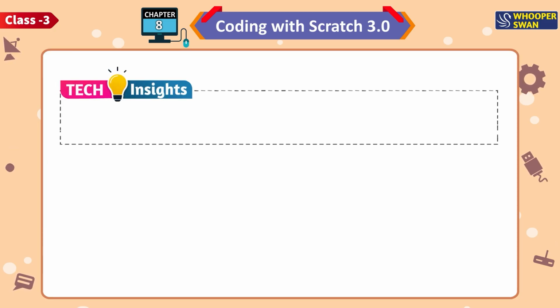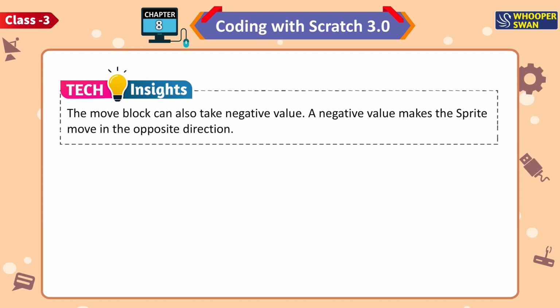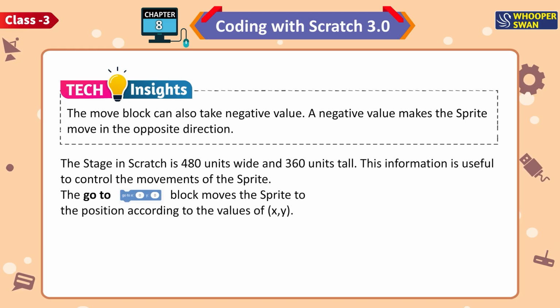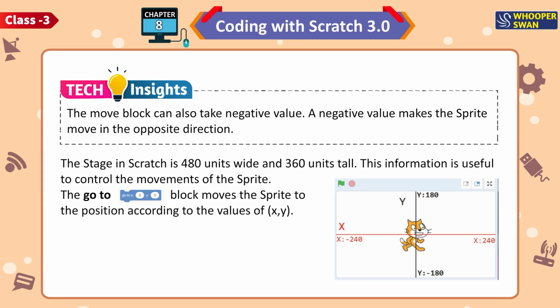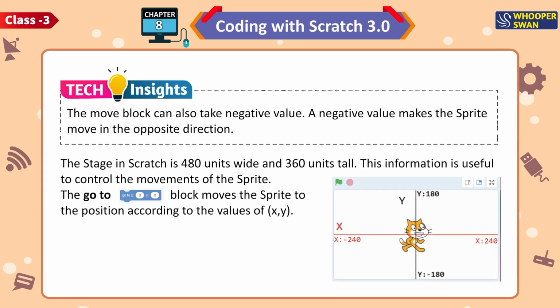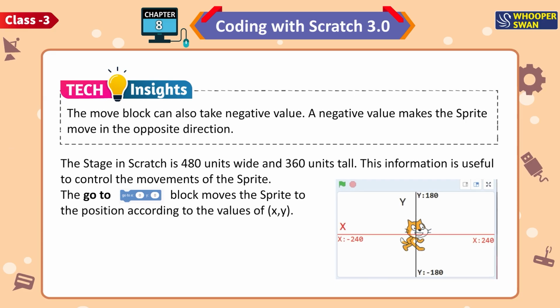Tech Insights. The move block can also take negative value. A negative value makes the sprite move in the opposite direction. The stage in Scratch is 480 units wide and 360 units tall. This information is useful to control the movements of the sprite.